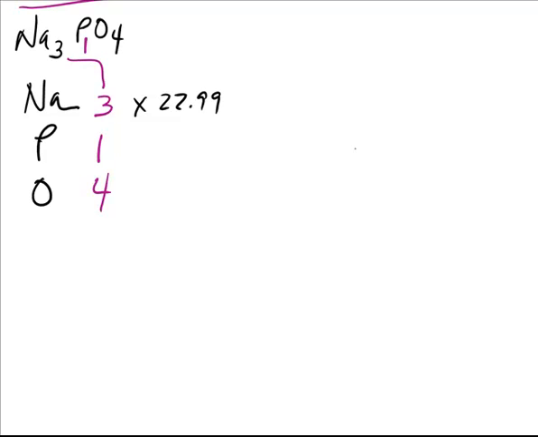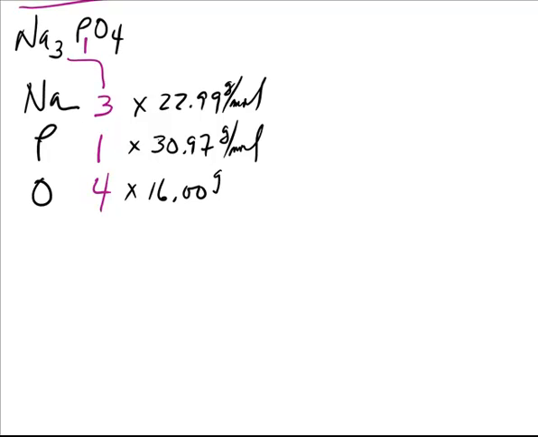For sodium, it's 22.99 grams per mole. For phosphorus, we have 30.97 grams per mole. And for oxygen, and you're going to use oxygen a lot, so you will get to know oxygen, we have 16.00 grams per mole.